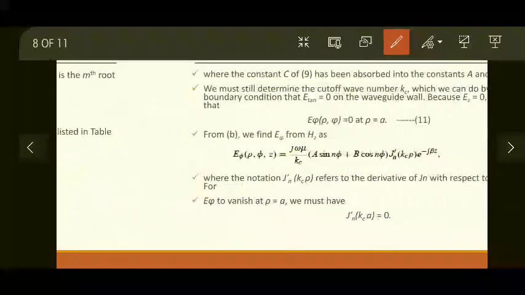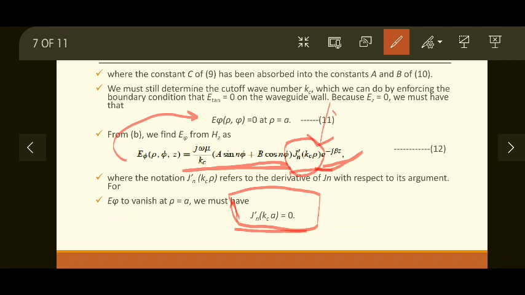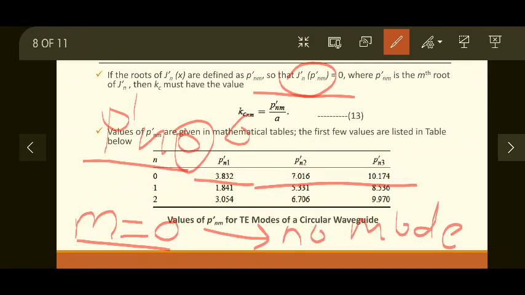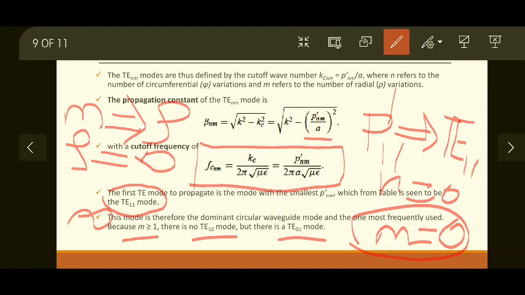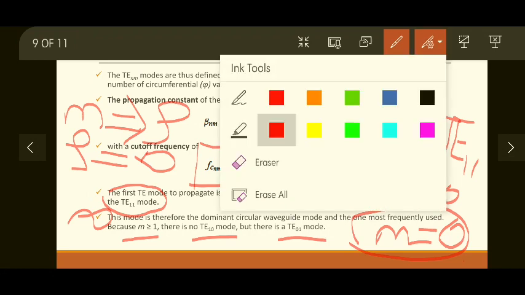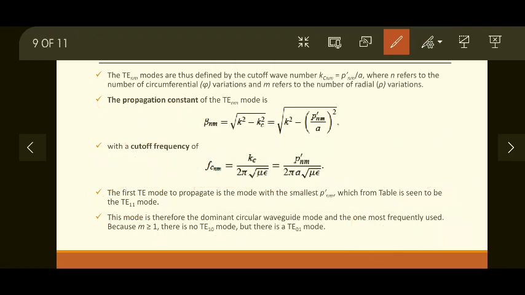At rho equal to 0, that means radial distance equal to 0, it cannot be possible in the circular waveguide. Okay, so this is how the TE mode analysis can be done.